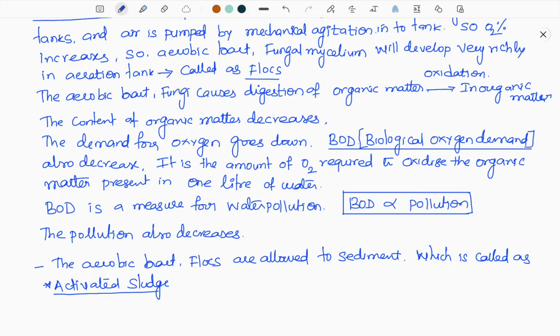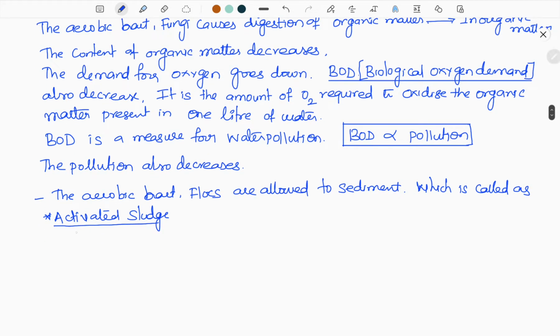The remaining part of the activated sludge is sent into anaerobic sludge digesters.